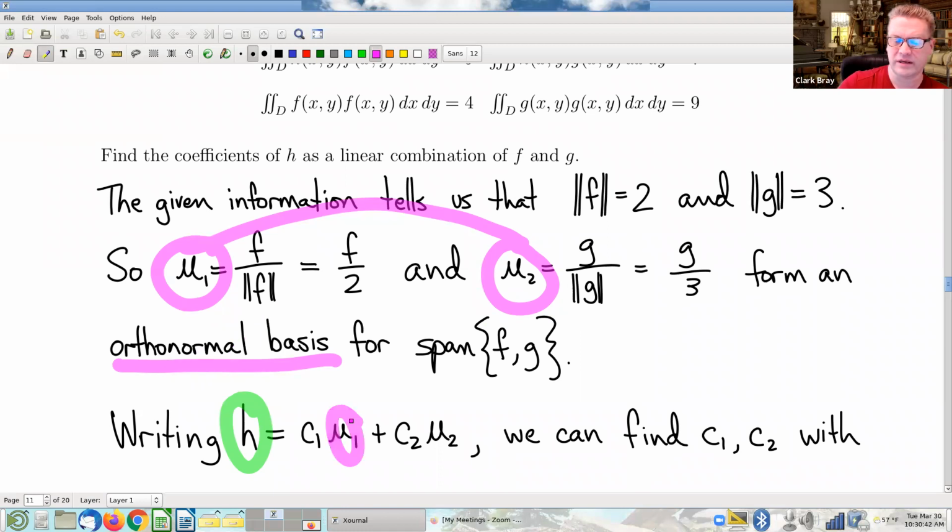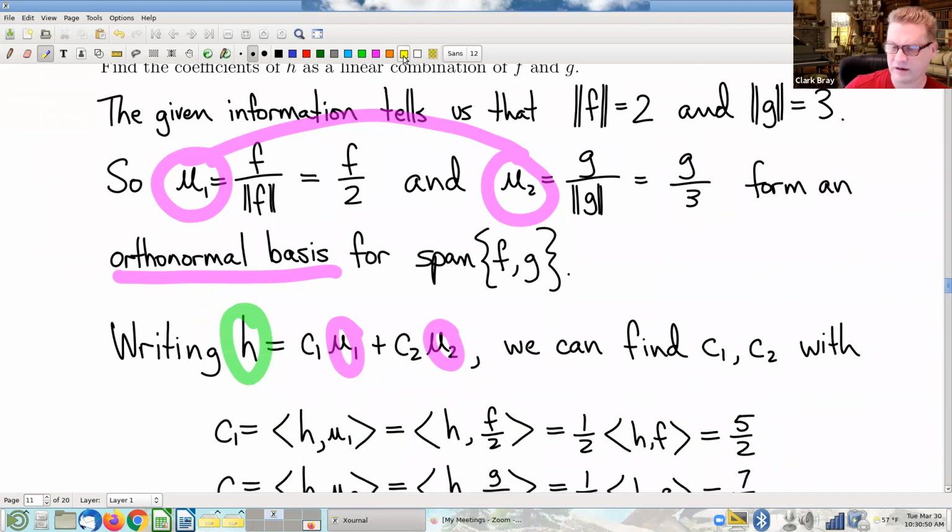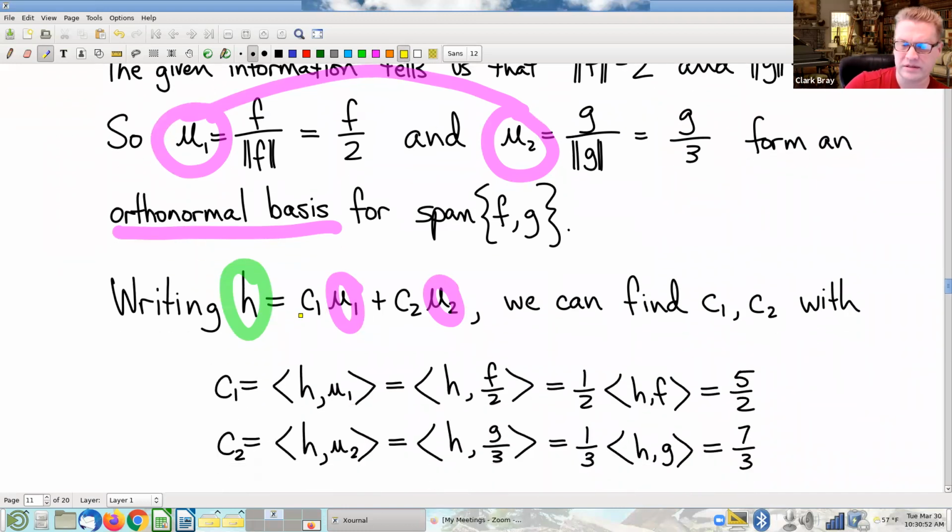So I'm going to try to write h as a combination of them, because I know that finding those coordinates is easy by way of our powerful theorem, right? These coefficients, the coordinates, are computed with components. The big theorem, one of the first big theorems from section 9.2: coordinates are components, and components are computed with inner products with unit vectors.